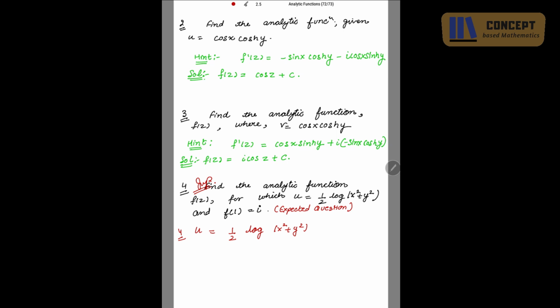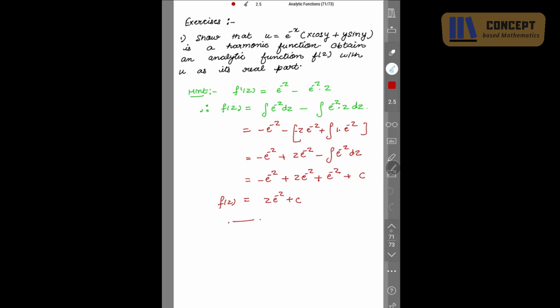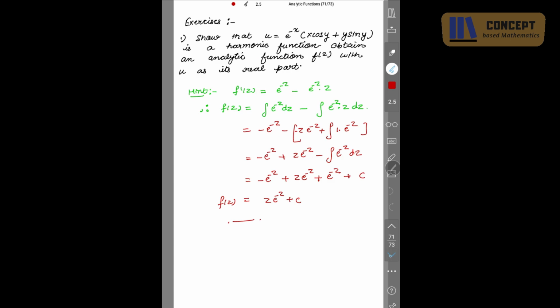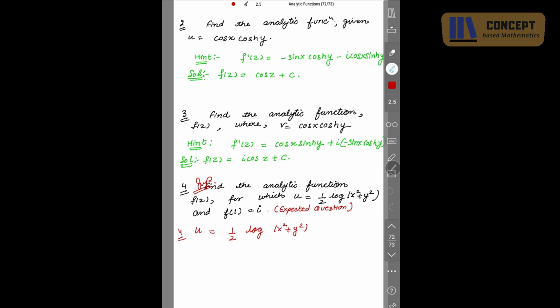Wait, what is the previous question? If f(z) is analytic, here it is given that f(z) is analytic, but in this question the language is somewhat different. Find the analytic function f(z). It is not given that f(z) is analytic. We have to prove that first.